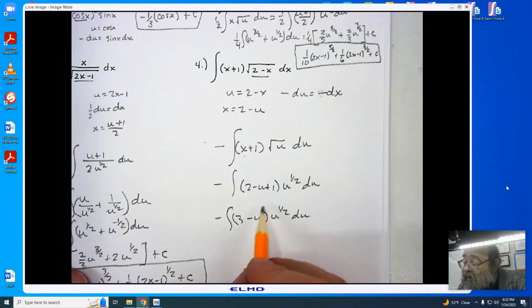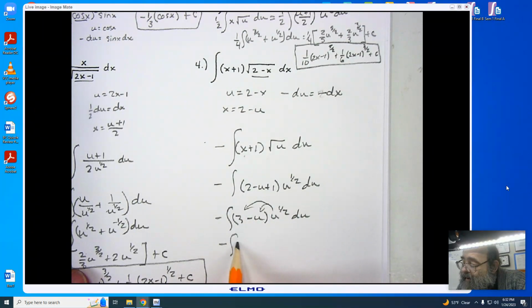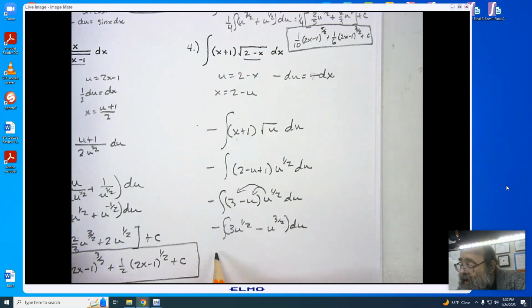We're going to distribute our u to the 1/2 to both pieces, so that I get negative 3 u to the 1/2, and I have a minus, and this is u to the 3/2 du. We're now ready to integrate.